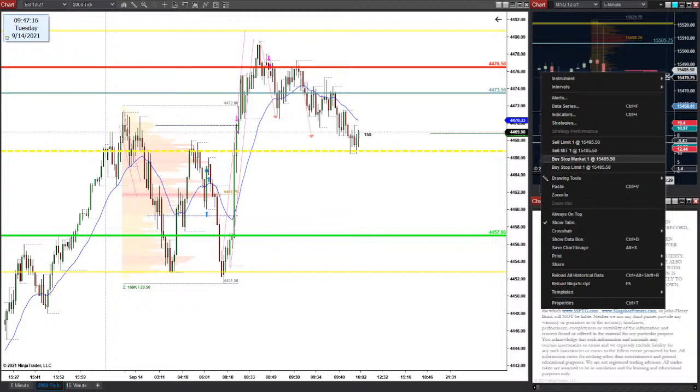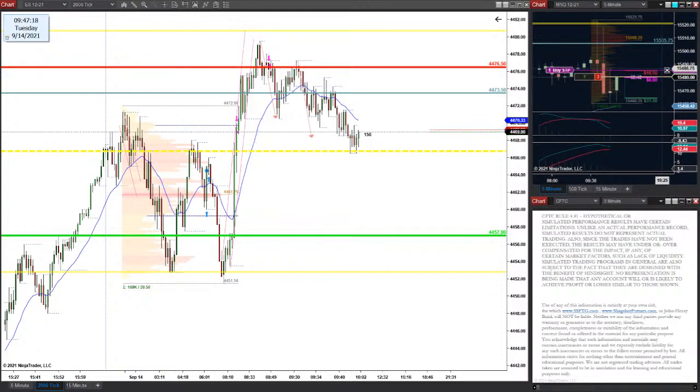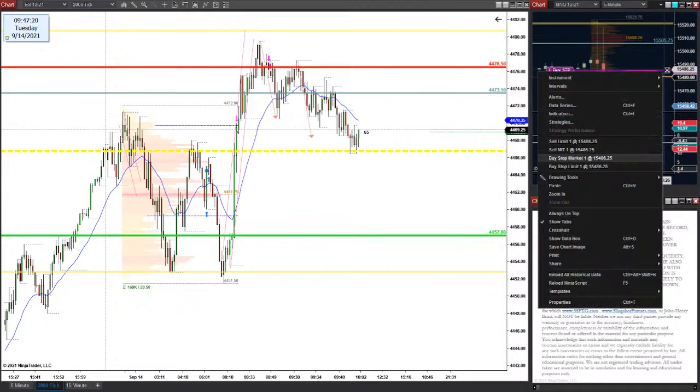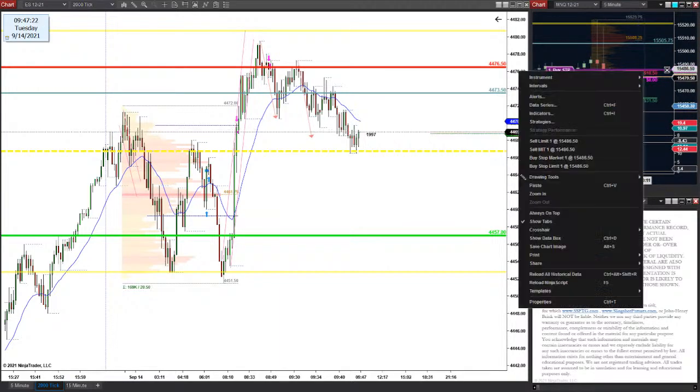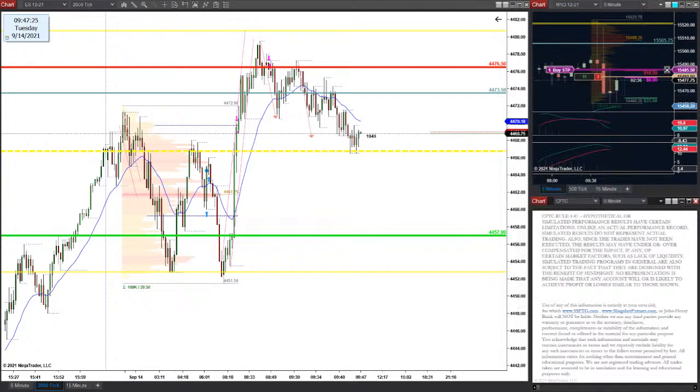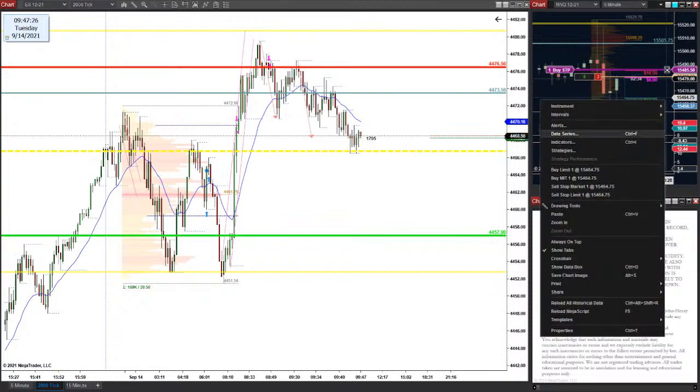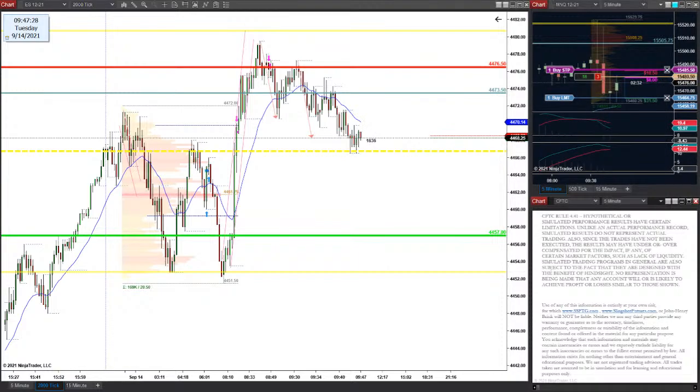I don't want it all in one. Market's taken in. First objective to the downside is a 3-to-1. A little bit ahead of the 3-to-1, a 2-point scalp off a settlement. Nice.